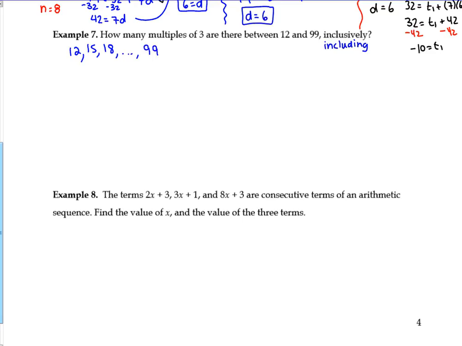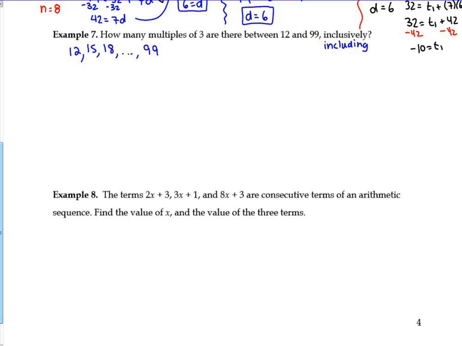I could have also said, how many multiples of 3 are between, say, 10 and, I'll just make it simple, 64. So what would your first term be? Is 10 a multiple of 3? No, so your first term would actually be 12 between 10 and 64.